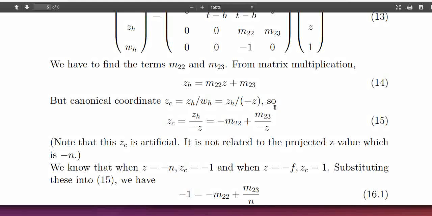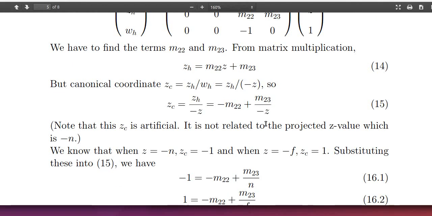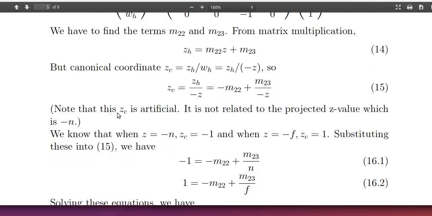So by substituting this in, zc equals zh over negative z, so the z cancels, and we have negative M22 plus M23 divided by negative z. And we know that zc is actually artificial.